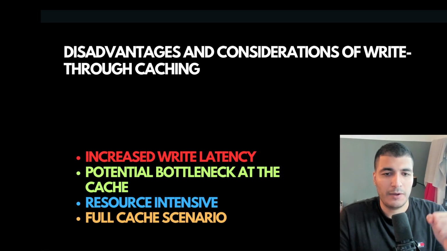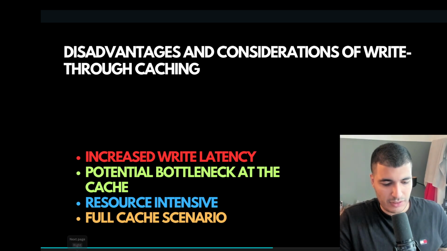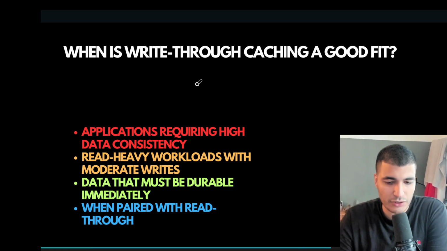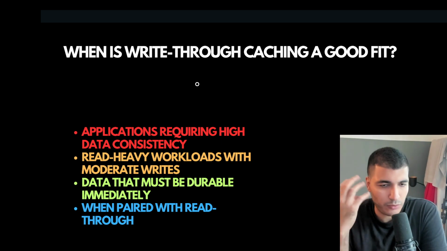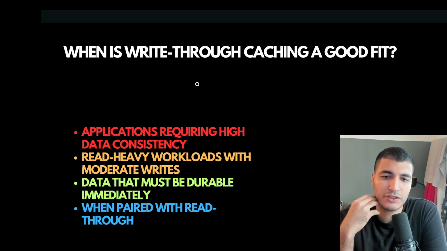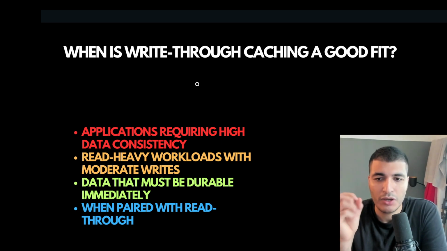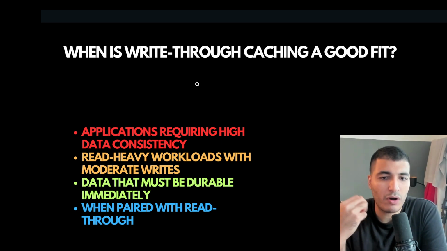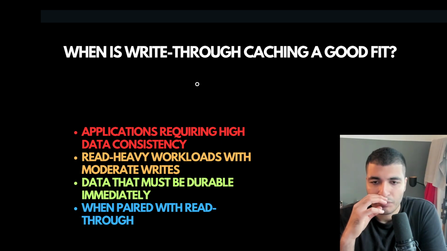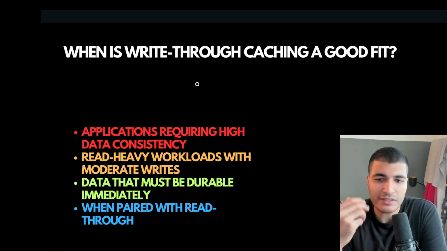Okay. Next, when is write-through cache a good fit for your system? Given its characteristics, write-through caching is particularly well suited for specific types of applications and data. Number one, applications requiring high data consistency. If it's critical that reads always reflect the latest writes and stale data is unacceptable, write-through cache is an excellent choice.